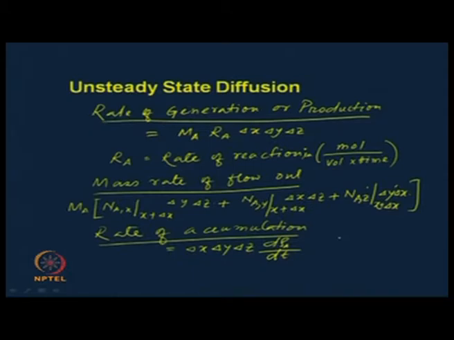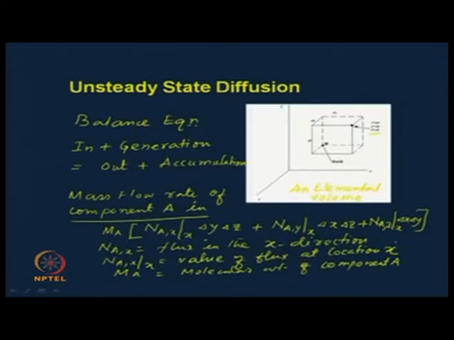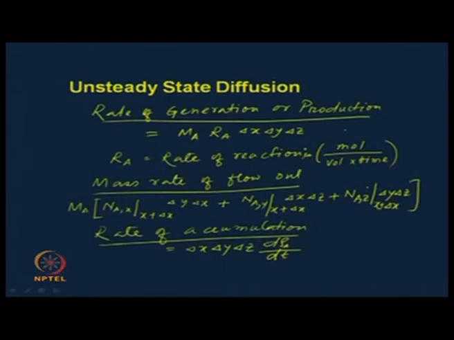So, now if we write the equation number 1, equation number 2, this is 3 and this is 4.